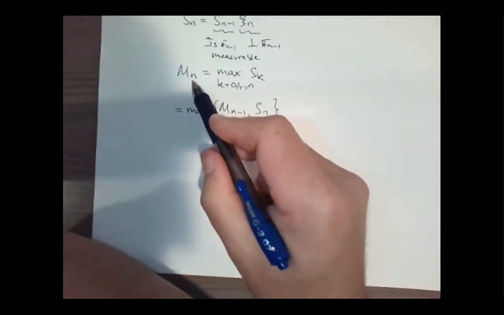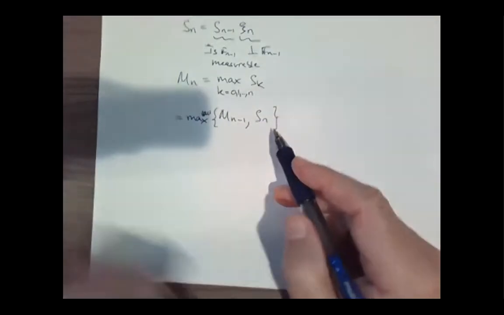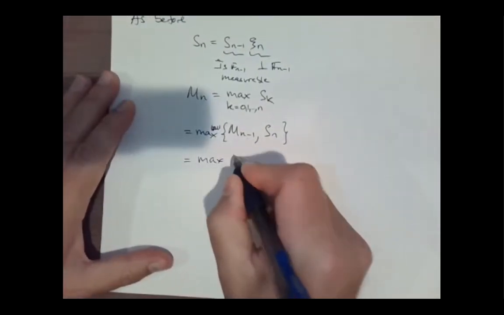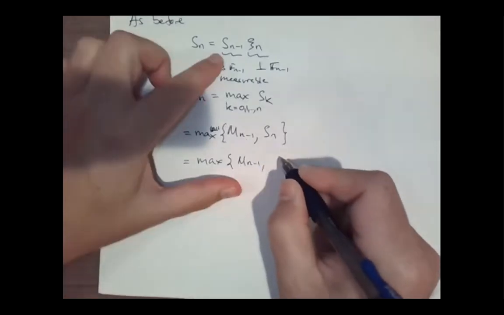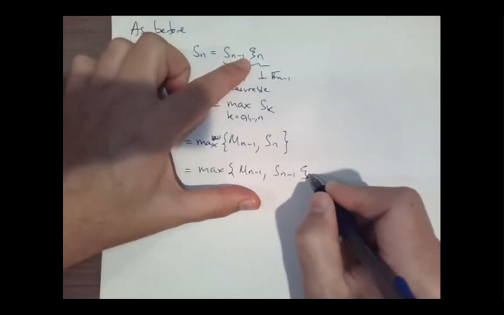And that's going to give me the current running max. And so now I have it, because this is the maximum between Mn minus 1 and Sn, and I use the formula we just had: this is Sn minus 1 and then my psi.